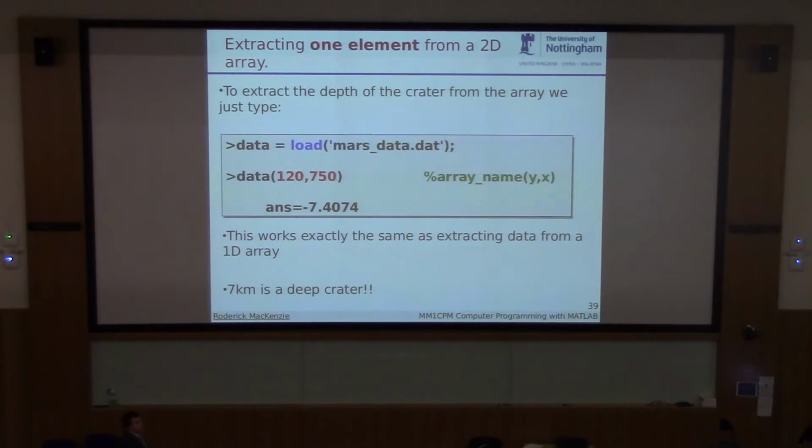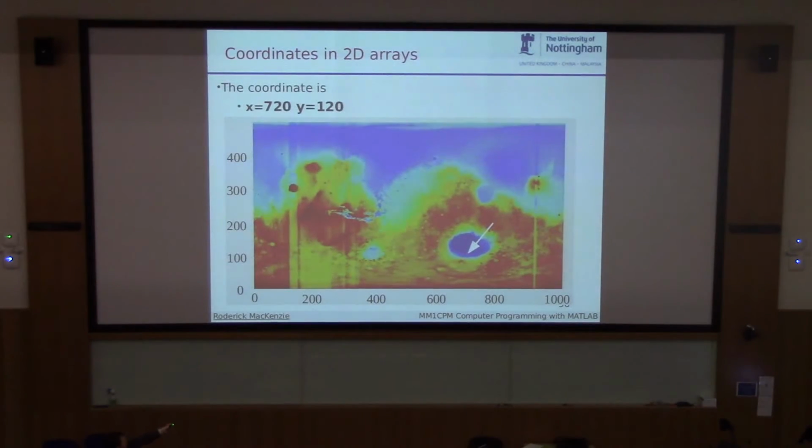Firstly, you load in your data, and then you just want to address that one element in that 2D array. It's just like getting the data from a 1D array. All you do is you go data, which is the name of the array, open round brackets. Now this is a trick. The Y position, and then the X position. So if you look at this, X is 700, Y equals just over 100.